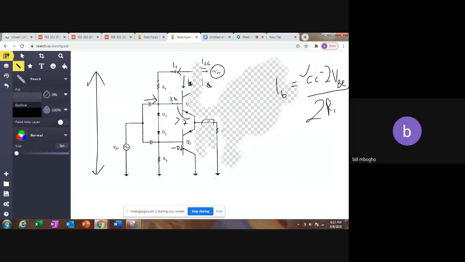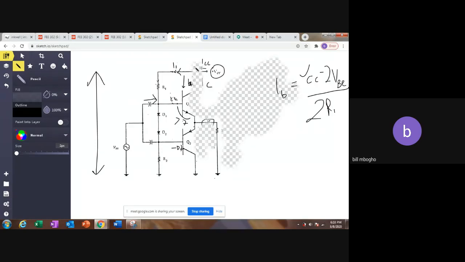So I average is the current flowing through the transistors, like down like this, the one which comes in the first half cycle. That's the current we're considering. We don't need to consider the current during the second half of the cycle. Why is that?